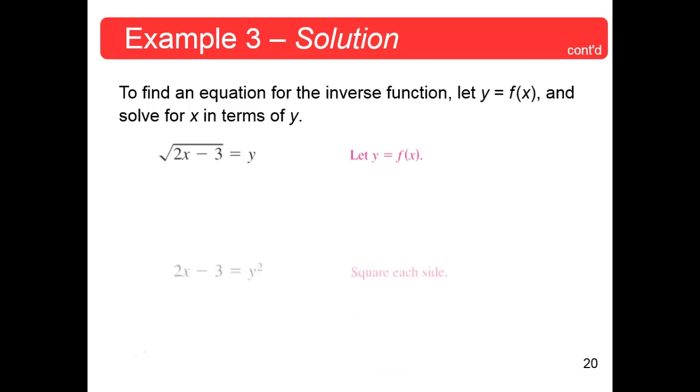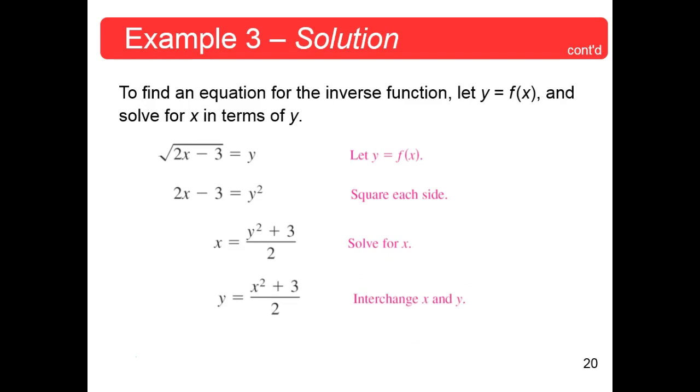It doesn't matter which way you do it, but they are solving for x first, squaring each side, and then adding 3, dividing by 2, and that gives you x is equal to this. And then they said flip them and make y equal x squared plus 3 over 2, and then make that your F inverse. Okay.